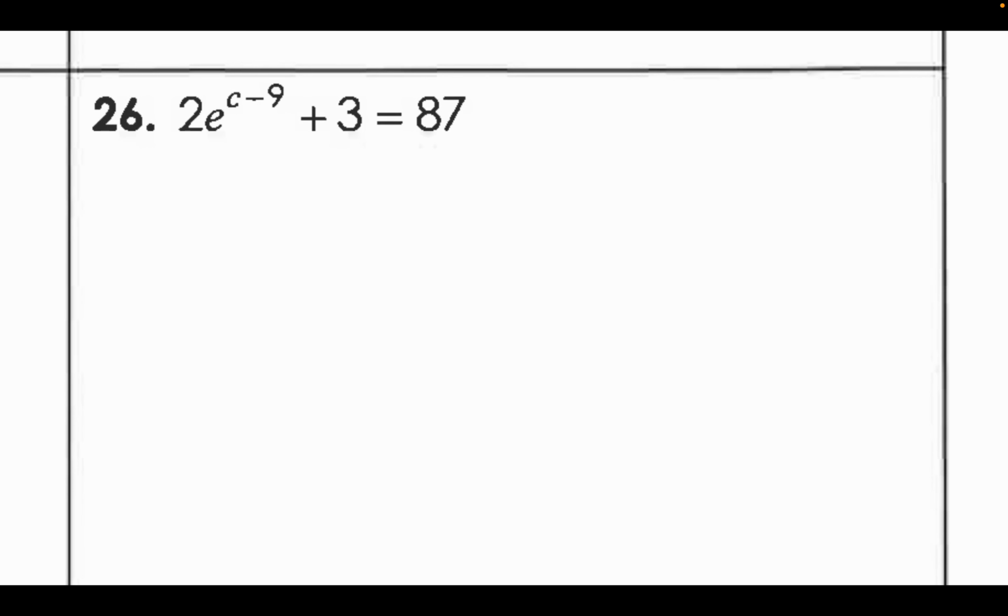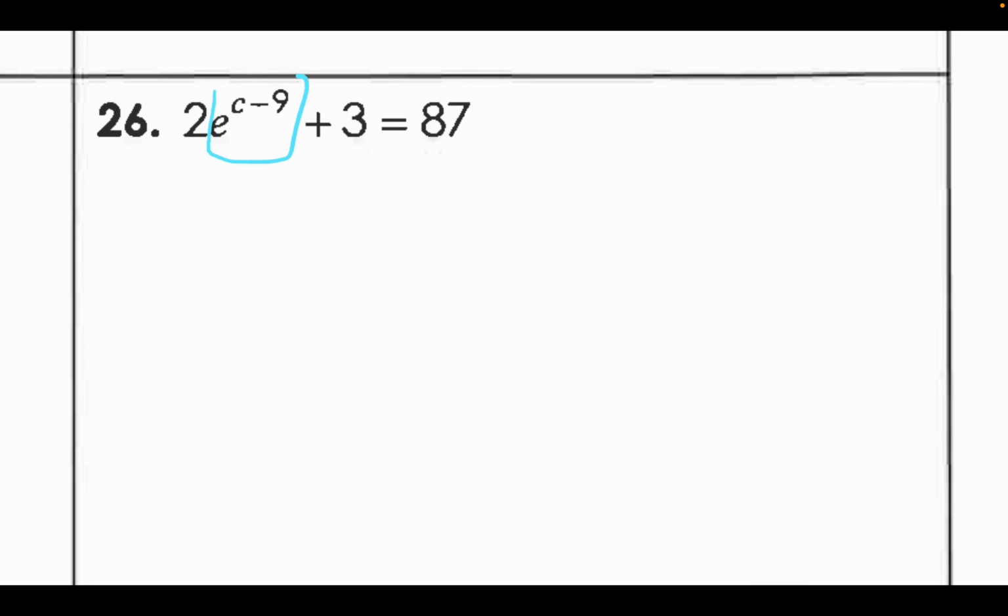On number 26, here e once again is what's raised to a power, so we get rid of the 2 and the 3. We get rid of the 3 first because we're doing reverse order by undoing things. So we're doing SADMAP, not PEMDAS. So we have 2e to the power of c minus 9 equals 84. Then we divide both sides by 2, and we get e to the power of c minus 9 equals 42.